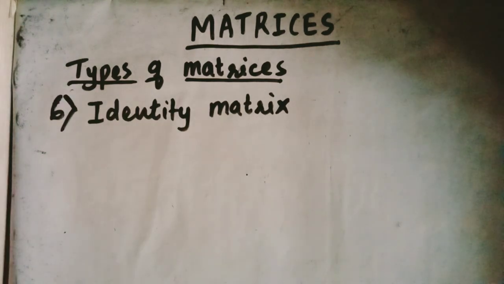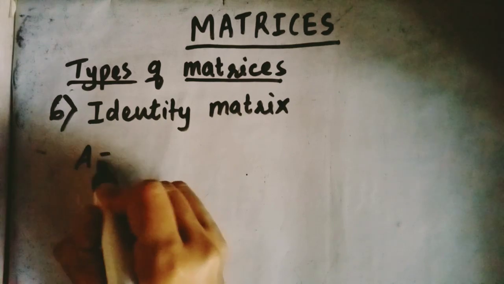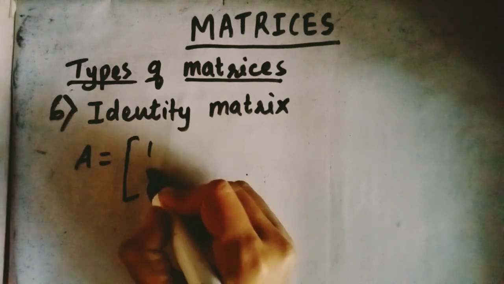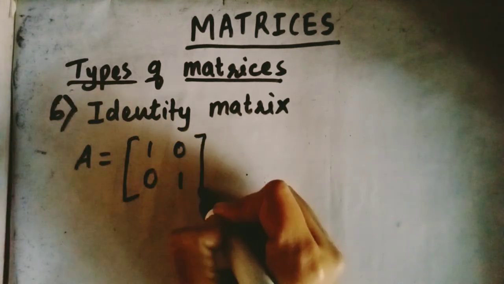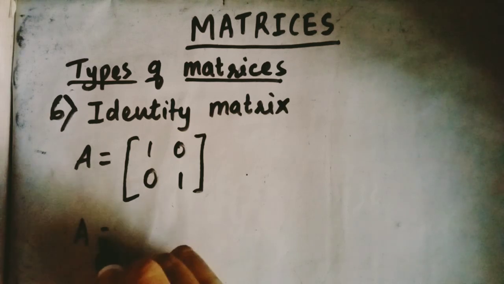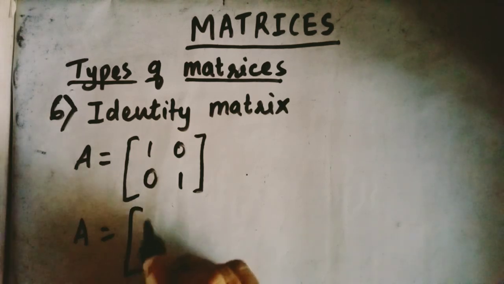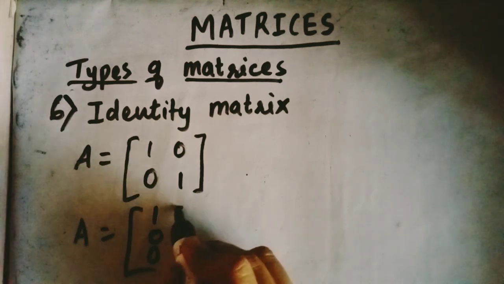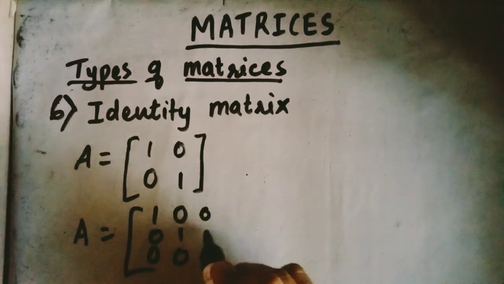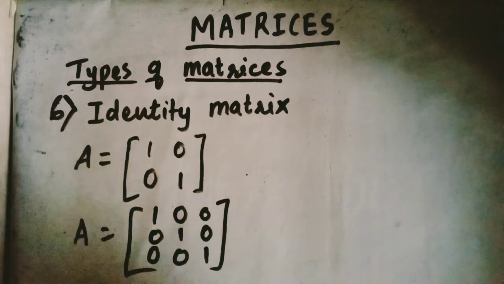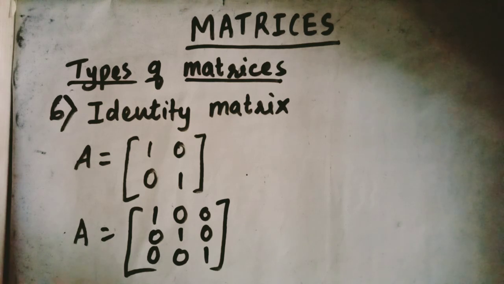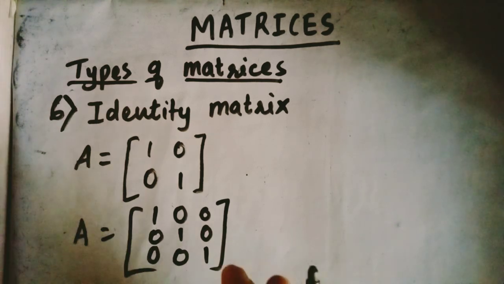Next one is the identity matrix. An identity matrix is always represented like this: 1 0 0 1, or a 3 by 3 matrix can be written as 1 0 0, 0 1 0, and 0 0 1. That is, all the diagonal elements should be 1. It has to be a square matrix, and it is also a diagonal matrix.